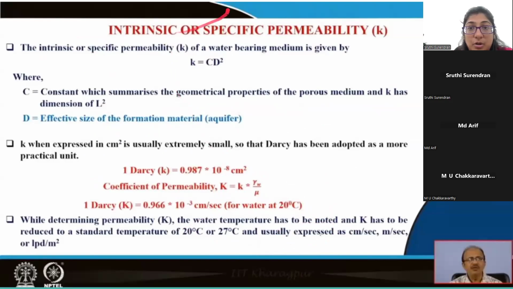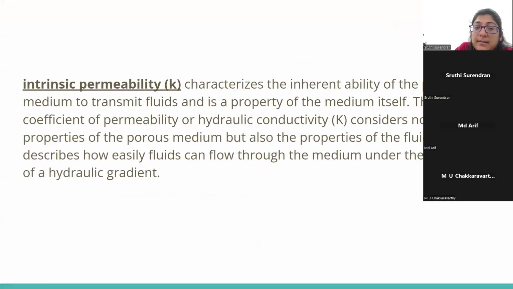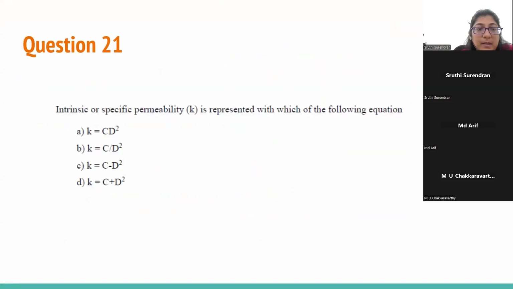Intrinsic permeability is also called the specific permeability. Its unit is centimeter square, whereas the coefficient of permeability unit is centimeter per second. So this is an important concept. Intrinsic permeability characterizes the property of the material alone, whereas hydraulic conductivity or coefficient of permeability considers not only the property of the medium but also the property of the fluid flowing through it.